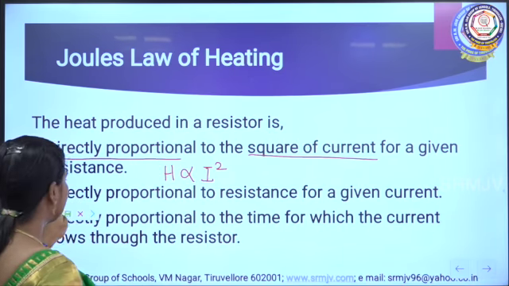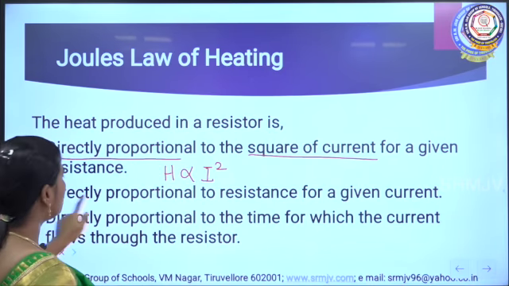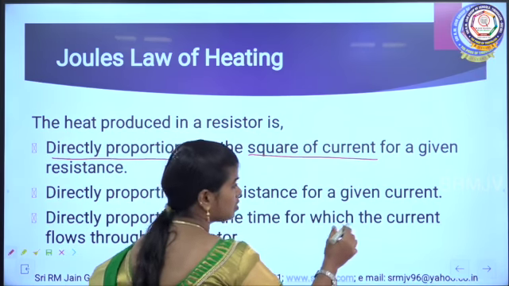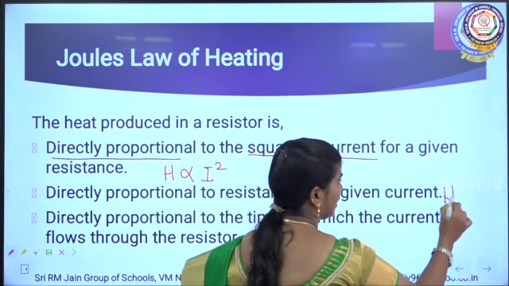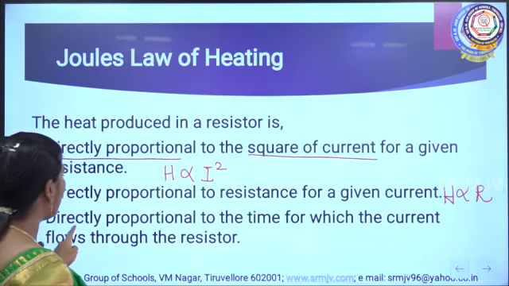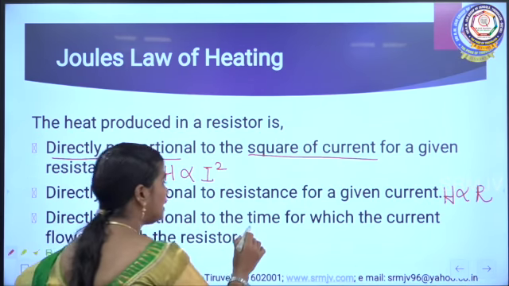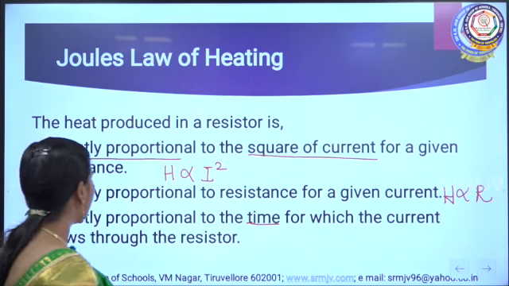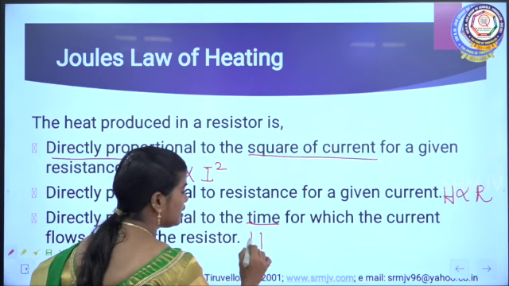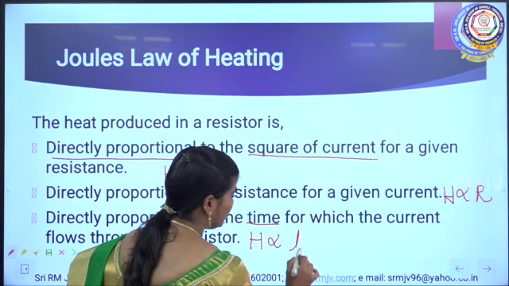The next statement: it is directly proportional to the resistance, which means H is directly proportional to resistance. And the next one: it is directly proportional to the time for which the current flows through the resistor. So, H is directly proportional to T.